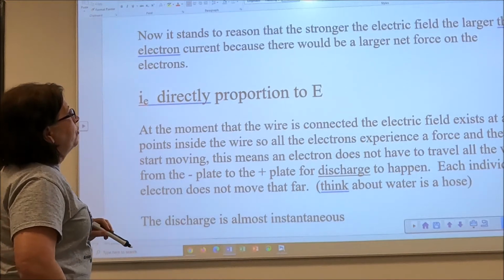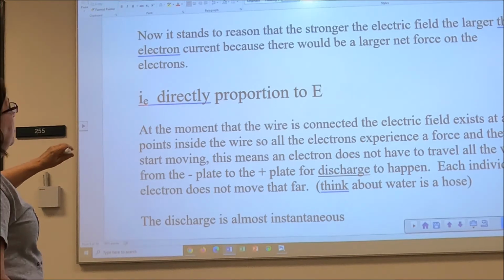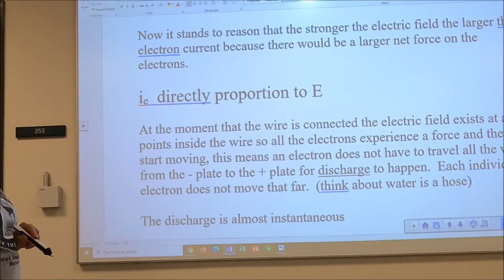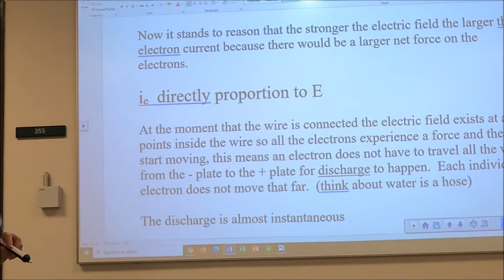Now, it stands to reason the stronger the electric field, the larger the current is going to be, because the net force is going to be greater. So the electron flow is directly proportional to E, the strength of the electric field.